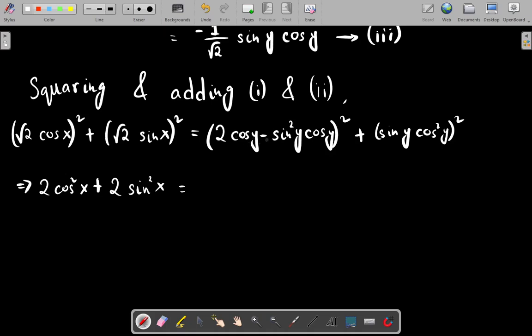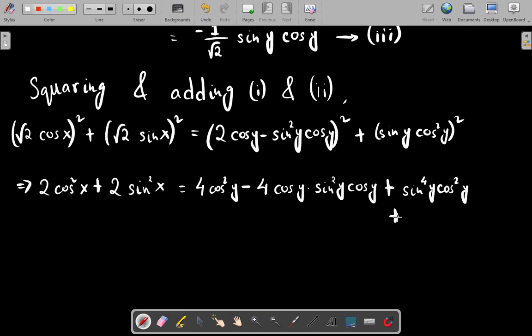In the right hand side, on squaring this, a minus b whole square, this becomes 4 cos square y minus 2 times 2 cos y, so it will become 4 cos y times sin square y cos y plus b square, this will become sin 4 cos square y plus, on squaring this term, this becomes sin square y cos to the power 4 y.